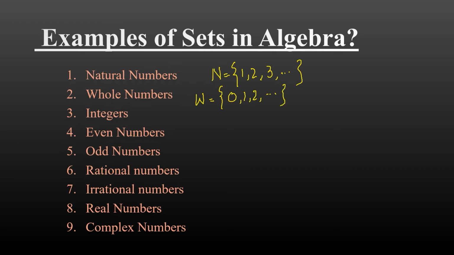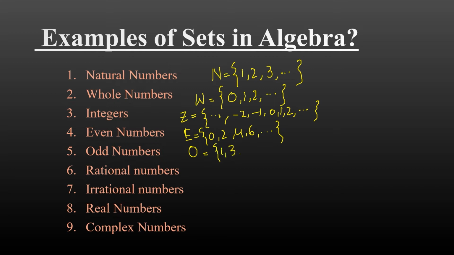Integers are represented by Z: negative infinity, -2, -1, 0, 1, 2 up to positive infinity. Even numbers are denoted by E and are 0, 2, 4, 6 and so on. Odd numbers are represented by O and are 1, 3, 5 and so on.